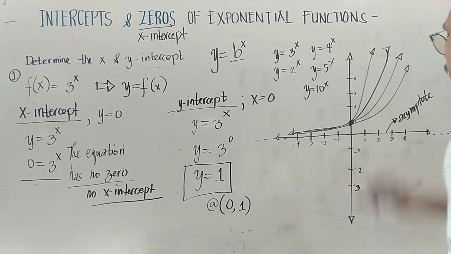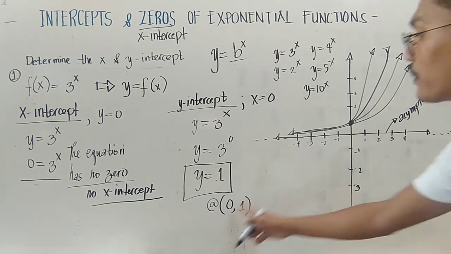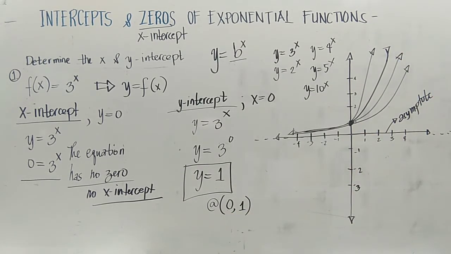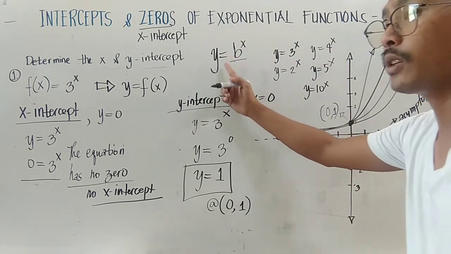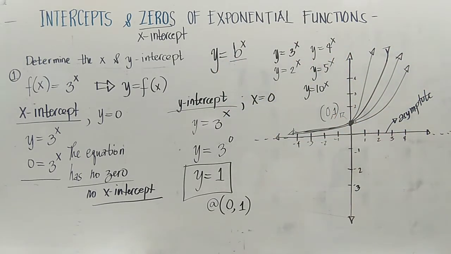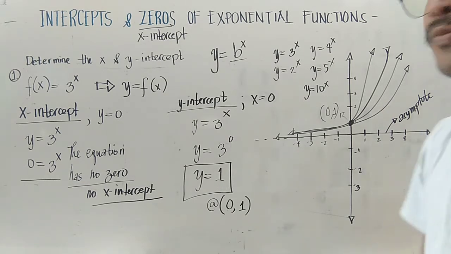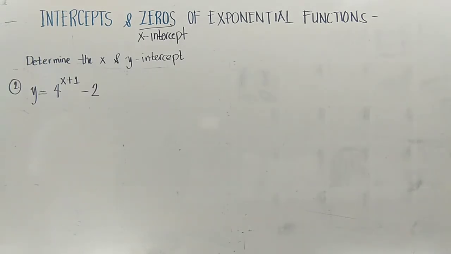Still 1. Okay, the y-intercept is still at (0, 1), the point in here, as long as it is in the form of y is equal to b raised to x. Let's proceed to another example.